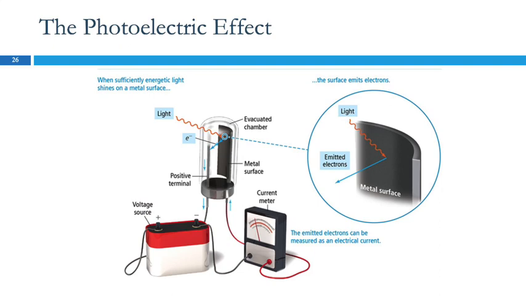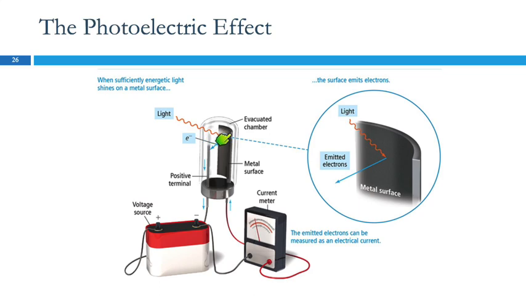So this is a photoelectric effect device. Here we have an evacuated chamber. We've got a piece of metal here and an electrode over here. This has a positive voltage on it, and this has a negative voltage on it. But there's this big gap, so no electric current is going to flow because there's no connection.